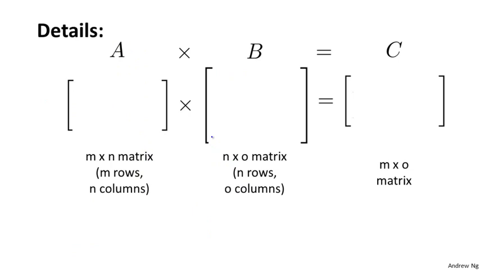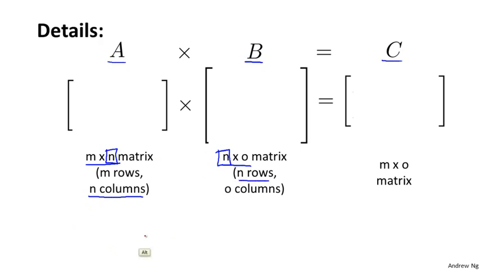Here are the details. I have a matrix A, and I want to multiply that with a matrix B, and the result will be some new matrix C. You can only multiply together matrices whose dimensions match. So A is an m by n matrix, so m rows, n columns. I'm going to multiply that with an n by o matrix. This n here must match this n here, so the number of columns in the first matrix must equal the number of rows in the second matrix.